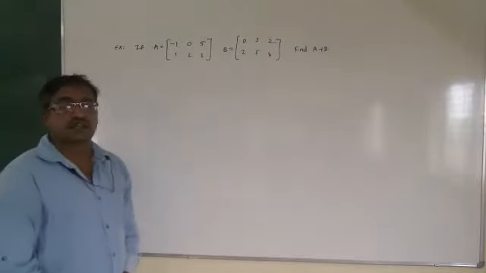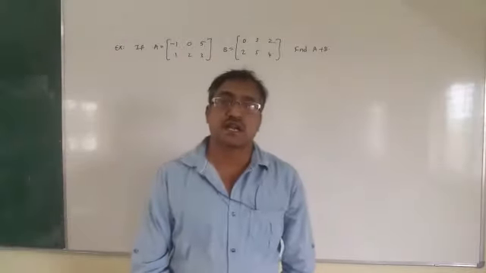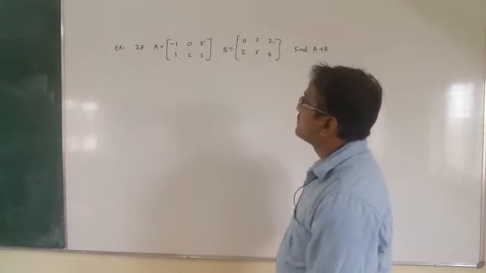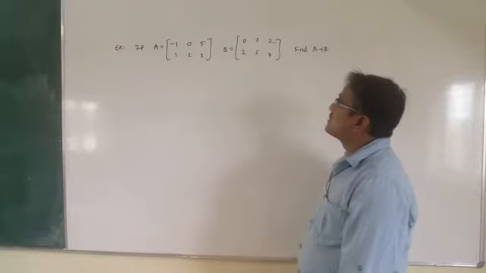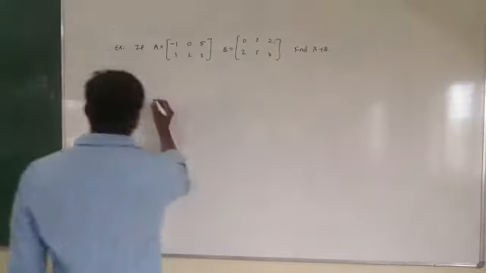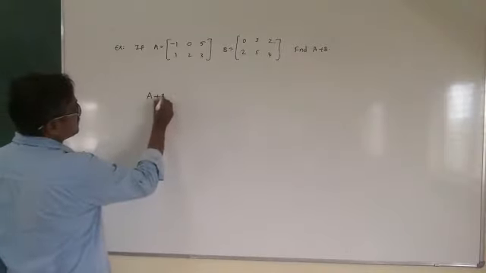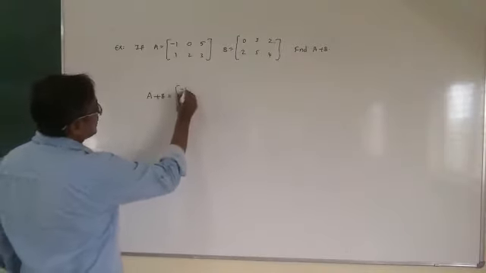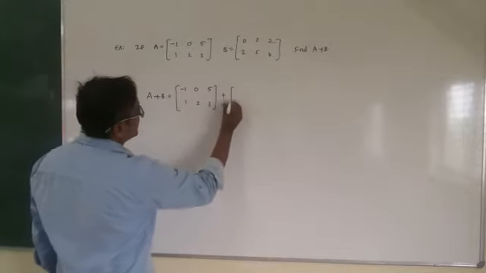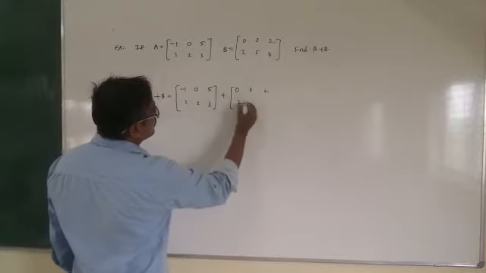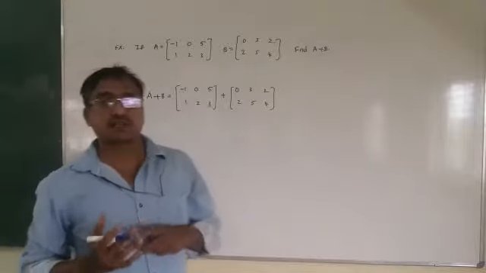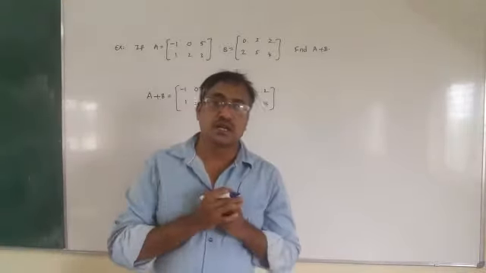Now let us find the addition of matrices A and B, where matrix A is -1, 0, 5, 1, 2, 3 and B is 0, 3, 2, 2, 5, 4. Now let us find A plus B. So A plus B, you need to write like this: -1, 0, 5, 1, 2, 3 plus matrix 0, 3, 2, 2, 5, 4. Addition of matrices is nothing but adding the corresponding elements.